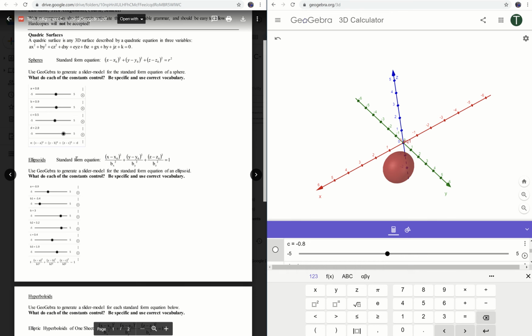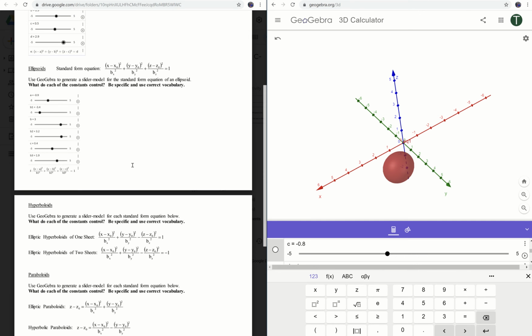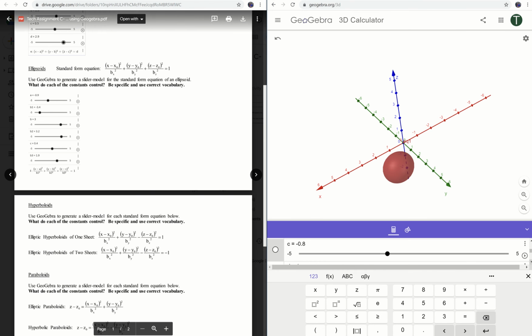Now you look at something like the ellipsoid and you see b sub x squared, b sub y squared, and b sub z squared. It's like, okay, this is starting to get a little crazy. Just bear in mind, you can work off of the same GeoGebra for this because we've already designated that a, b, c, and d are sliders. So we're just going to let the sliders represent constants within the ellipsoid model.